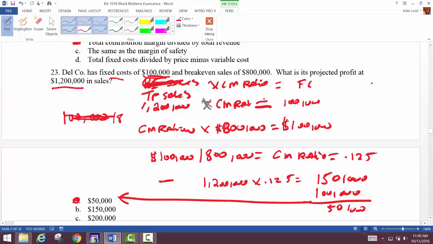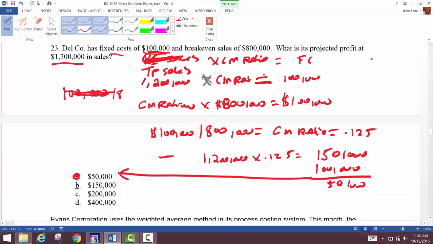And I think I marked the wrong one on the Scantron for that, or did I? What did I say on the Scantron? 150. It's 50,000. It's 50,000.